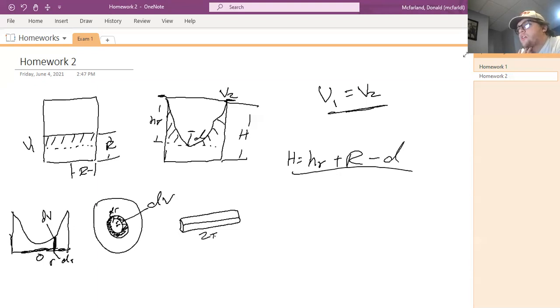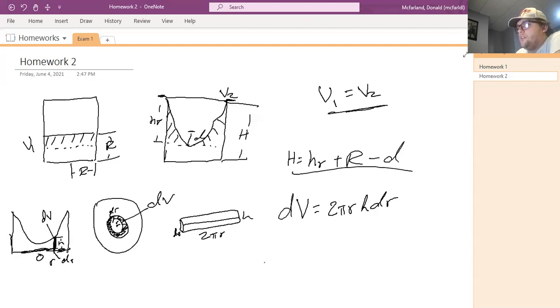So 2 pi r. The depth is dr. And then the height will be the height at that r. So to find the volume at this specific r will be 2 pi r times h times dr.